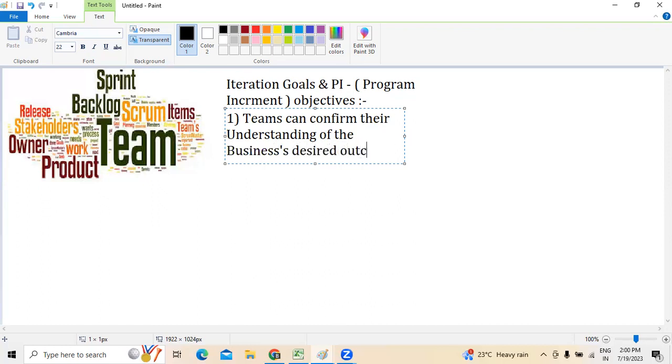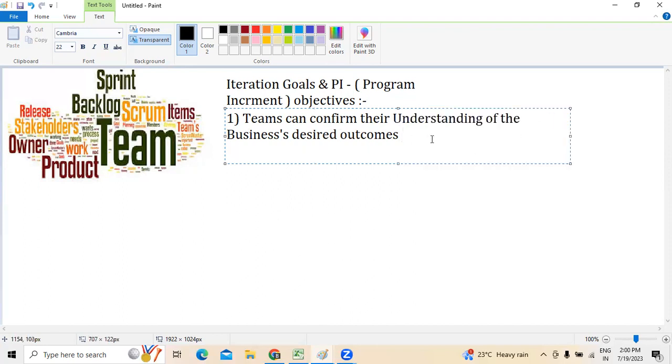This is one thing which we have to make sure of, right? So the team can confirm their understanding of the business, followed by the desired outcomes, is what one has to know.